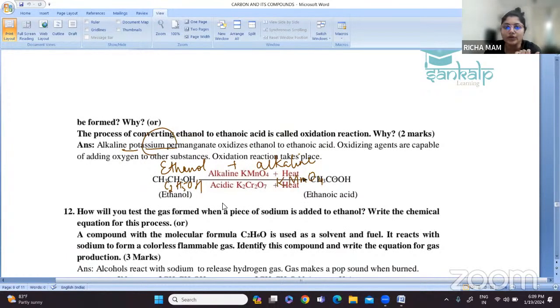Or the other way of asking this question is, the process of converting ethanol to ethanoic acid is called oxidation reaction. Why? This particular question is asked for 2 marks. So either a straight question or a twisted question. The answer is the same, but the way of asking the question is different. In two styles they have asked the question.